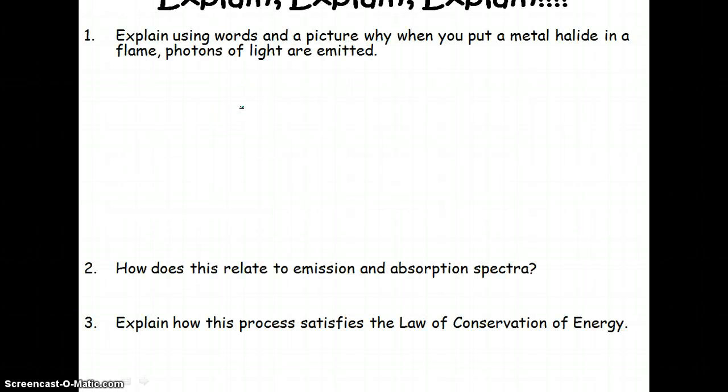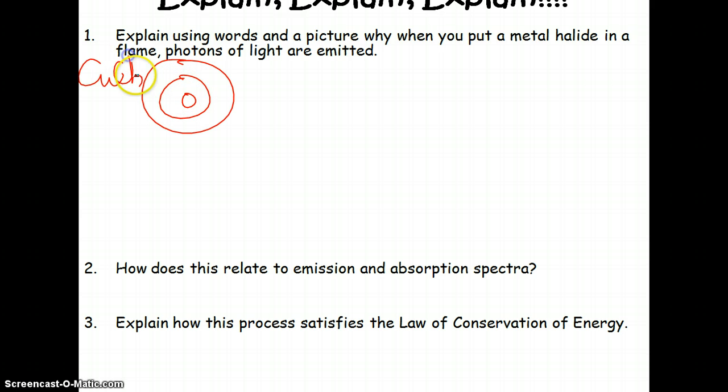All right, and the last section, explain, explain, explain. All right, when you're talking about a metal halide in a flame, you're talking like copper chloride, something like that. Okay, so basically what happens is you put it in the flame, energy goes in and is absorbed by the electron, and the electron jumps up.